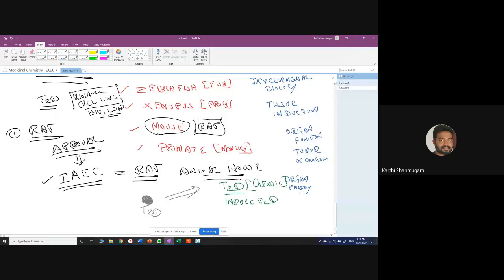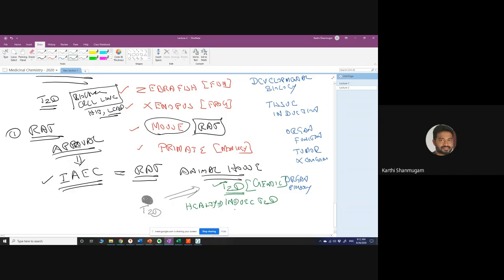But if your rat is very healthy and doesn't have type 2 diabetes, you have to induce it. Genetic models are very simple, right? You just purchase the genetically type 2 diabetic model and evaluate your drug molecule. It's a very straightforward method. But finding those kinds of rats will be very difficult, right?